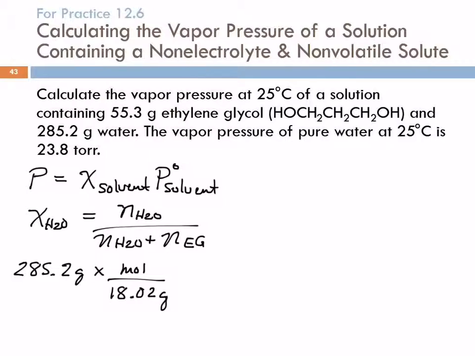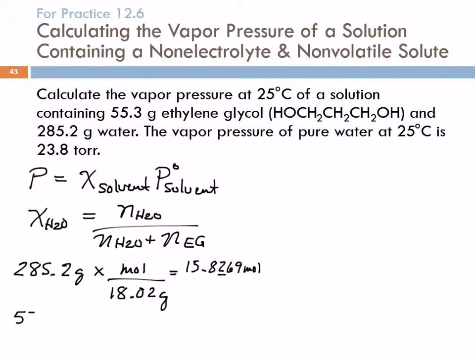So we take the mass of water and divide by the molar mass to get the number of moles of water. So it's 15.8269 moles, four decimal places there. And then we need the moles of ethylene glycol.